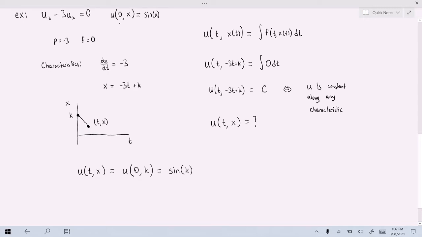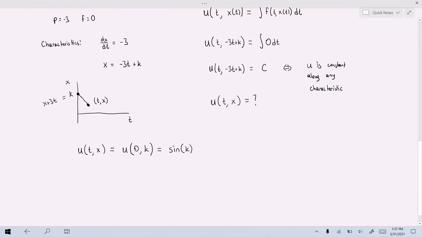Okay, so now we have some information about u at an arbitrary point t, x in the plane, but still our answer is in terms of k. So of course we'd want an answer in terms of t and x instead. So how can we do that? Well, looking at the equation of the characteristic, we could say that k is equal to x plus 3t.